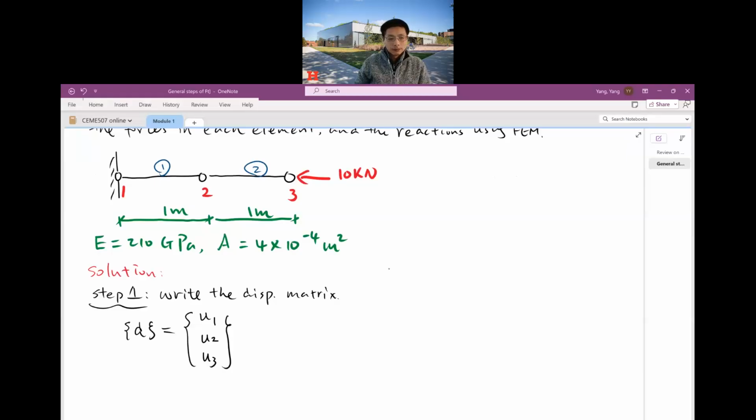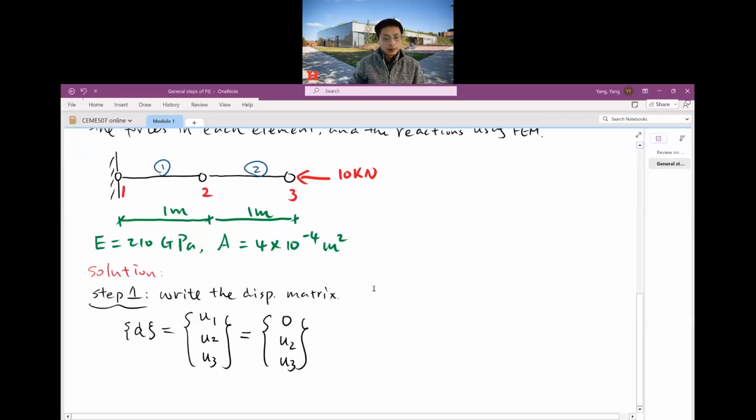Those are the displacements we need to consider. Based on the problem statement, we should be able to tell which one is known and which one is unknown. U1 is fixed, so that's 0. U2 and U3 are unknown to us. This is the displacement.